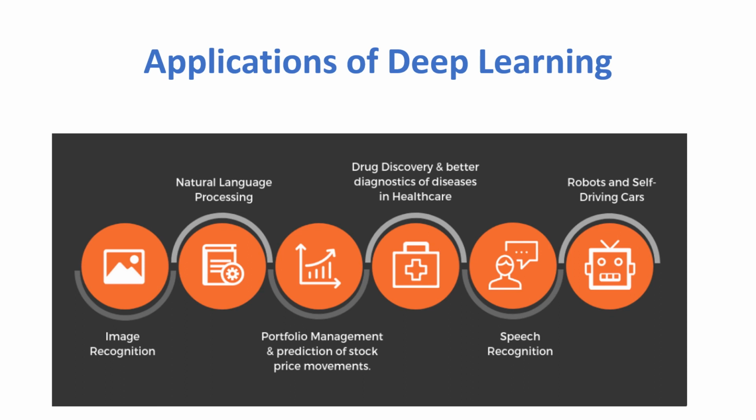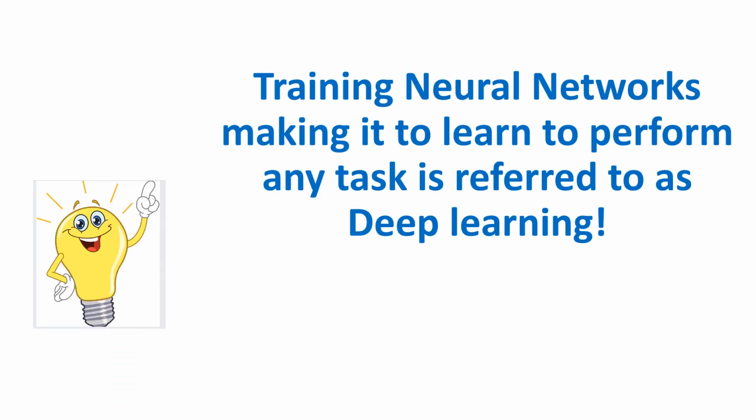You can do speech recognition, text classification, sentiment analysis, and you can do predictions of stock, drug discovery, diagnosis of diseases, breast cancer for instance, and you have self-driving cars also. So there are a number of applications that come under the deep learning paradigm.